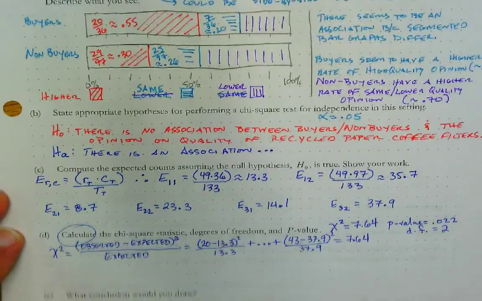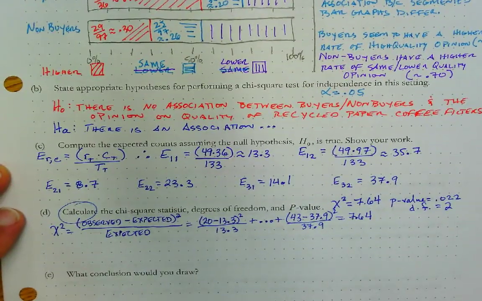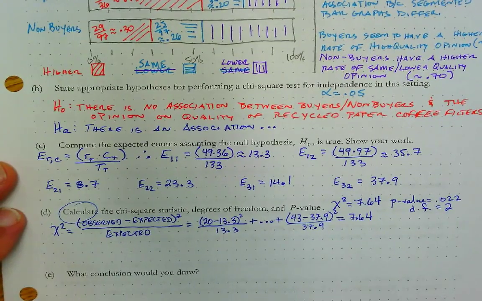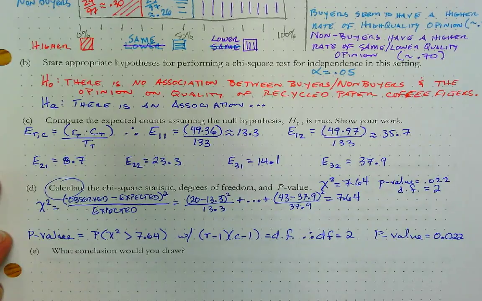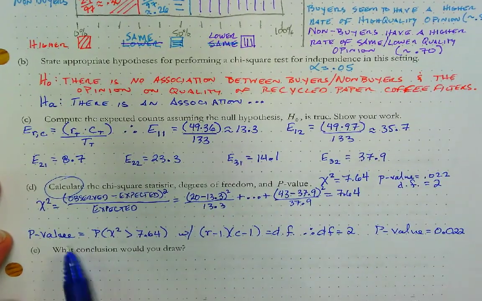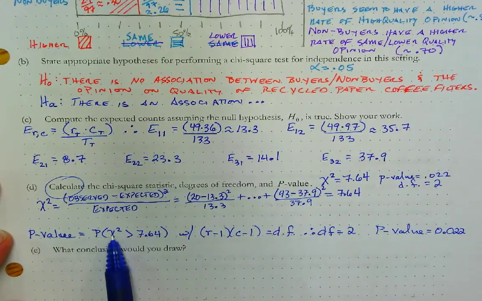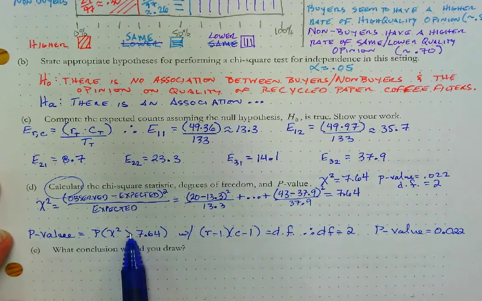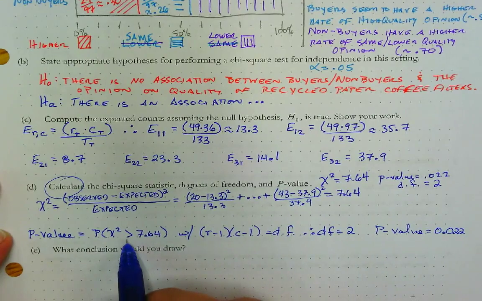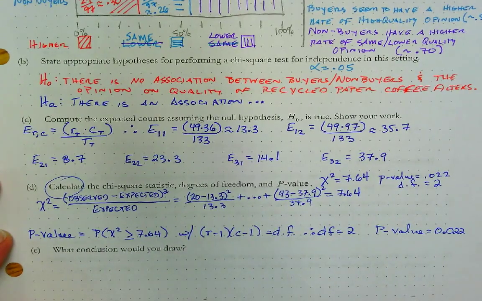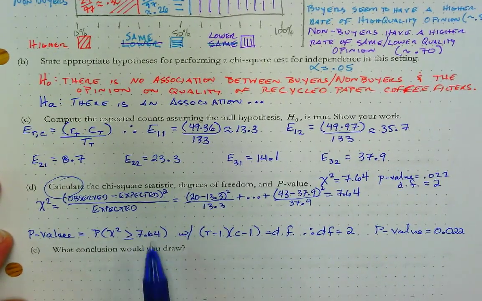What about what I need to show for the p-value and for the degrees of freedom? For the p-value, what does the p-value represent? It represents the probability that my chi-squared is at least 7.64. I could put "or equal to" there too; it's a continuous distribution, so it's not going to make a difference.